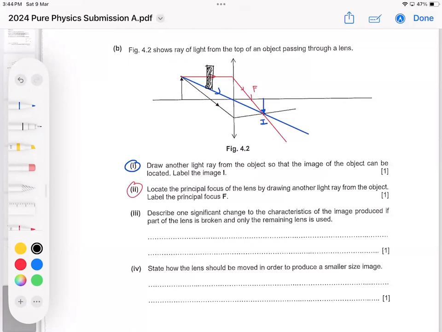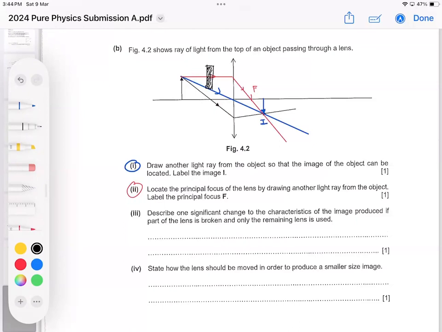Since the image can still be seen, what will be the difference if we block off some of the light rays from reaching the image as a result of the cardboard? This has the same impact as the lens having part of it broken off. It can no longer capture some of the light rays. It's the same as putting a cardboard there.